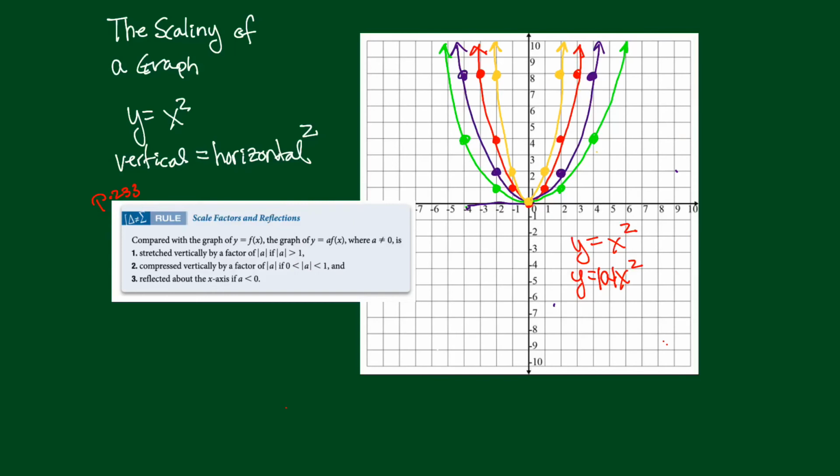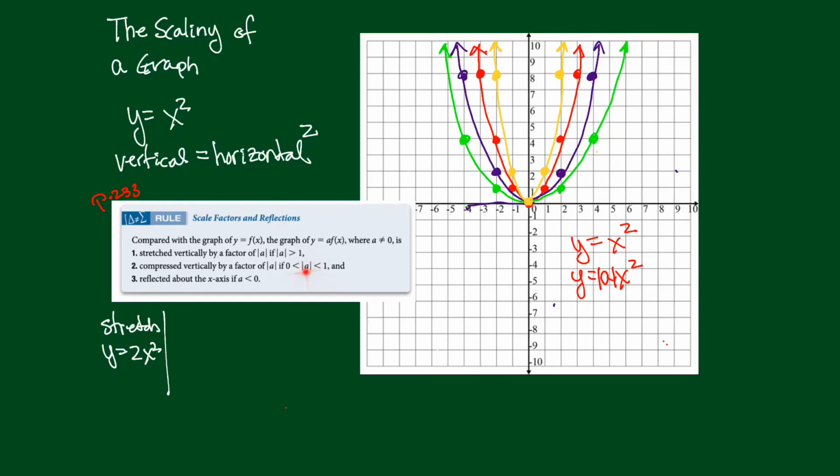Now our example was this one. Here's the one we did. We had a stretch when we did y equals, what did we have? 2x squared. That was our stretch. Now this is number 2. What happens if your multiplier is a positive number, but between 0 and 1?